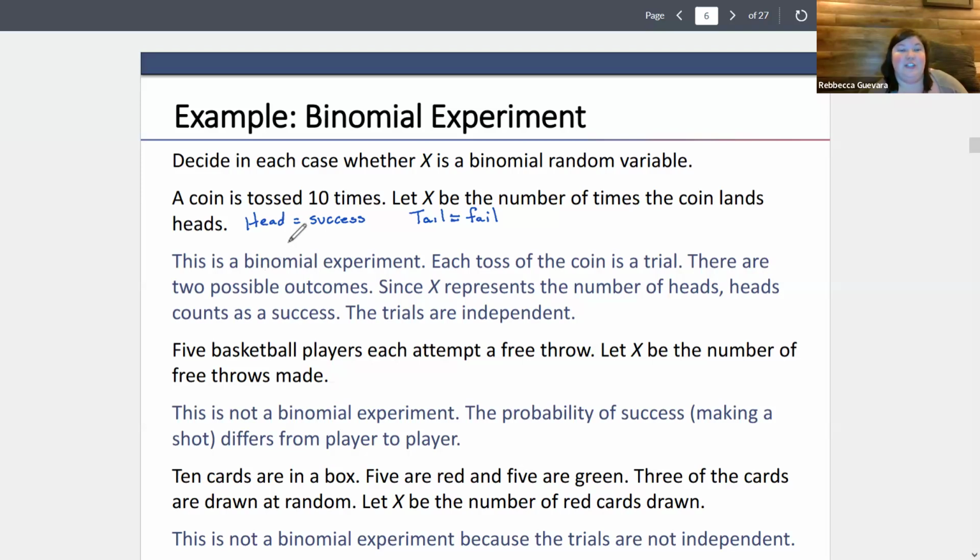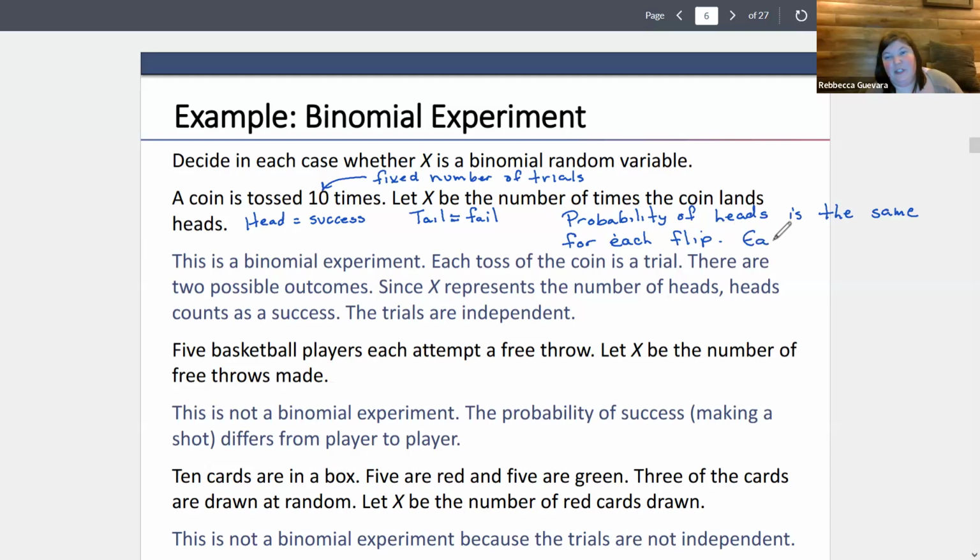The probability should not change between each coin flip. We also have a fixed number of trials. And like I said, the probability of heads is the same for each flip.